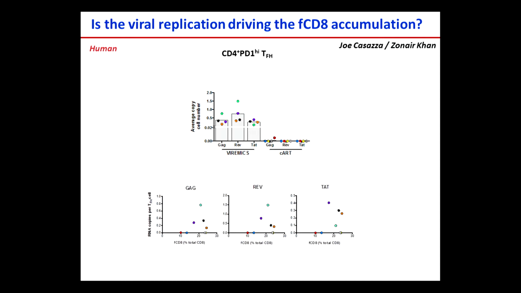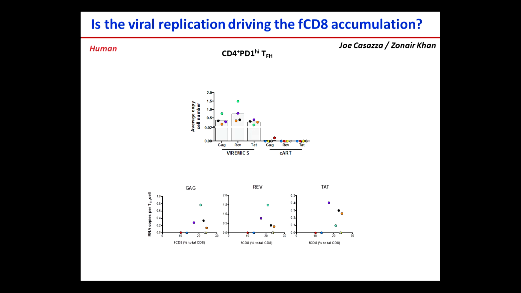We then looked at their percentage of follicular CD8 T cells along this axis versus the RNA. What you see is all these individuals down here are the ones who were on antiretroviral therapy. So no viral antigen that you could detect, yet they have this range of follicular CD8 T cells.